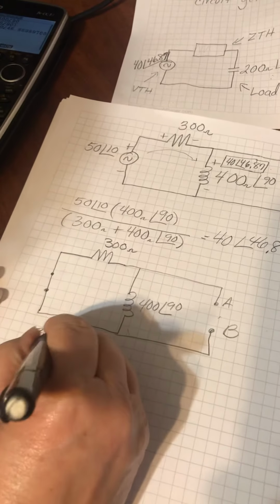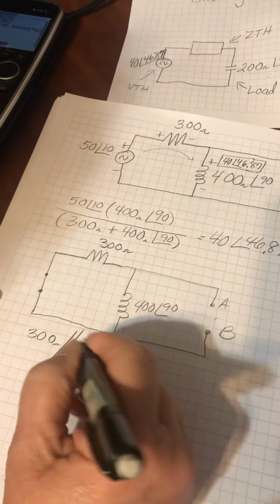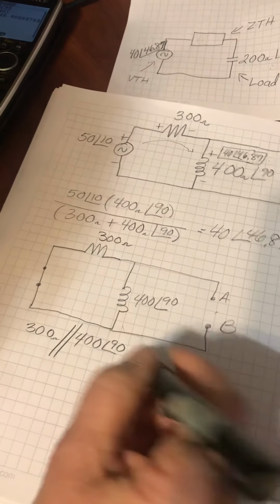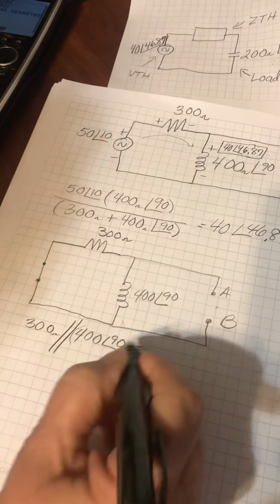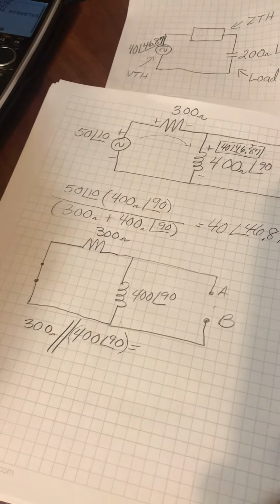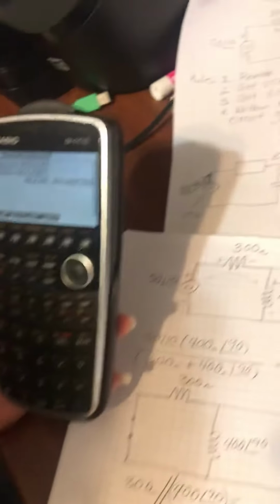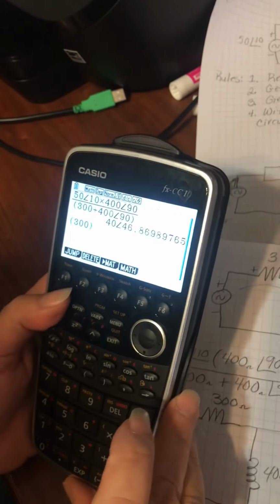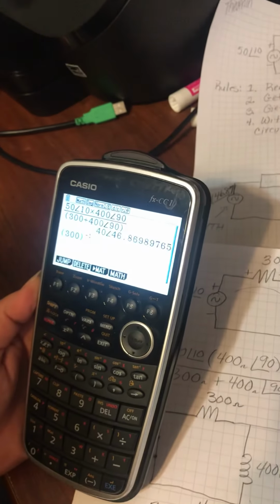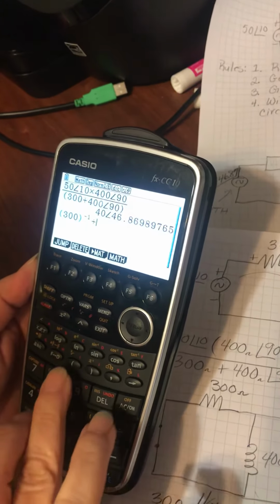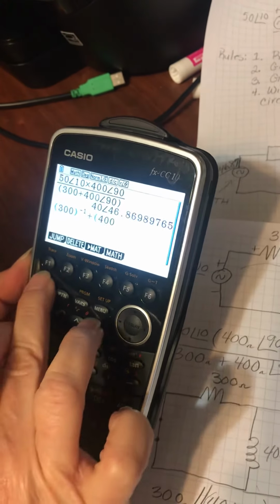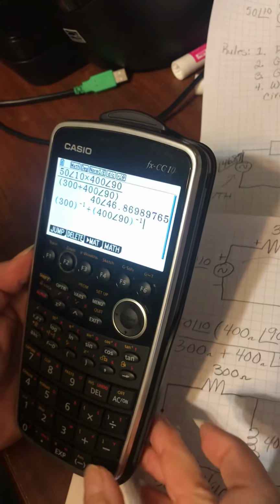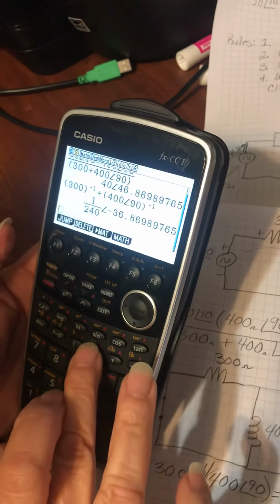So let's go ahead and do that. It's 300 ohms in parallel with 400 ohms at an angle of 90. Remember, when you do this with AC, this has to be in parentheses, otherwise you're just going to get the reciprocal of that. So I like to put everything in parentheses. 300, shift reciprocal, plus, open parentheses, 400 at an angle of 90, close, shift reciprocal, equals, and then one more shift reciprocal.